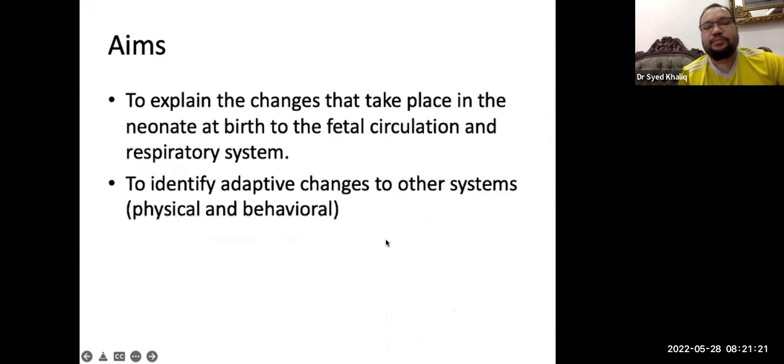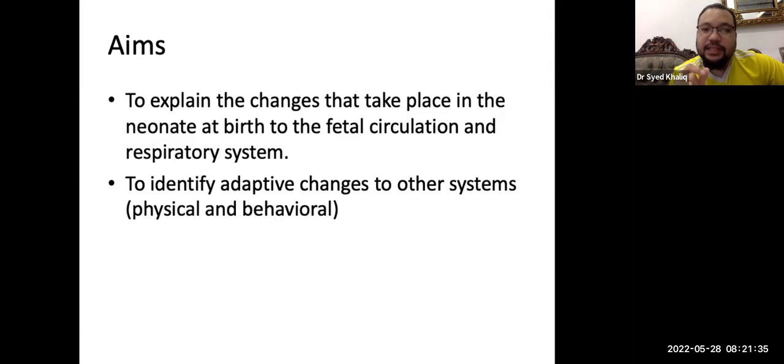Okay. So the aim of this topic is basically to make sure that you all understand the changes that take place in the neonate at birth, especially in relation to the fetal circulation, because there's a lot of changes from intrauterine life to extrauterine life.